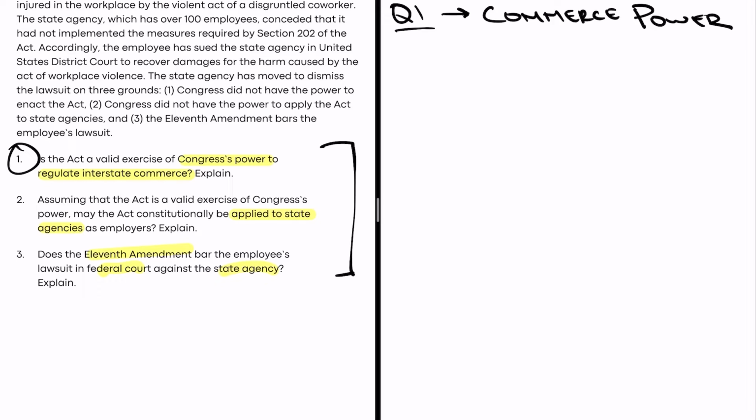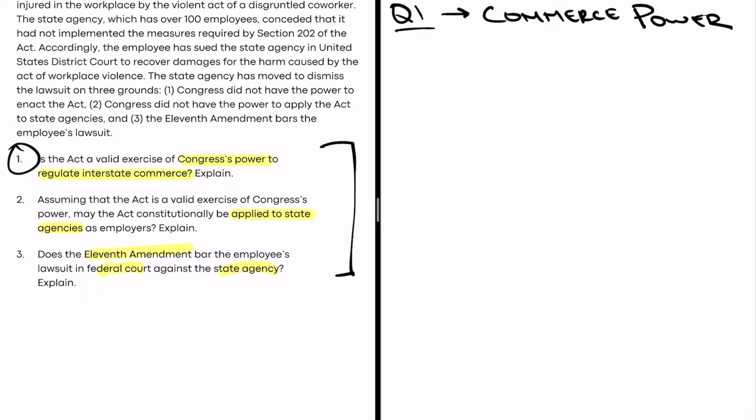They have to act pursuant to the powers that have been granted to them in the U.S. Constitution. Specifically, we're really looking at Article 1, Section 8, where most of the grants of power to Congress are located. So where in this section does Congress have the power to enact this type of legislation?